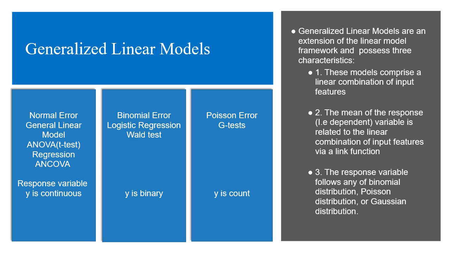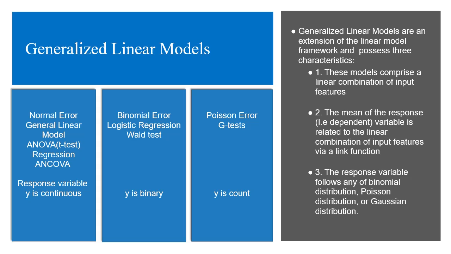To carry out these regressions, we resort to generalized linear models. Generalized linear models means there is a linear combination of the x values to get y, and y will follow one of the distributions, either binomial or Poisson or normal. So these are the assumptions.